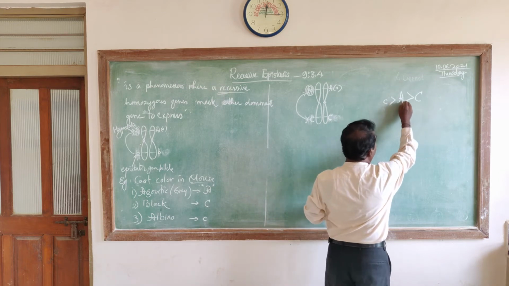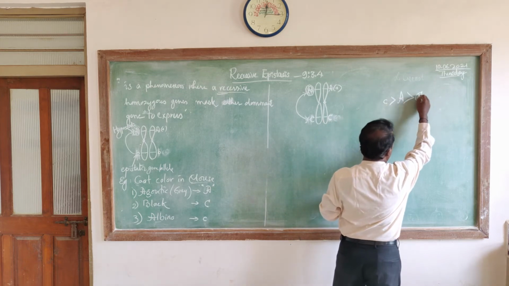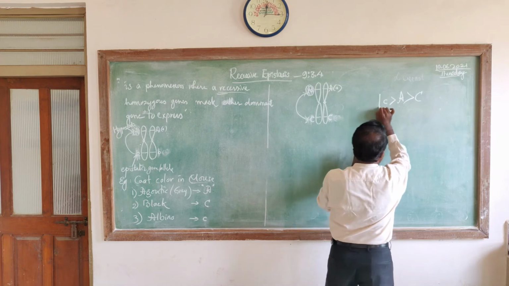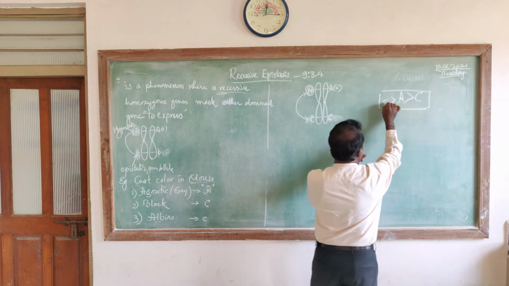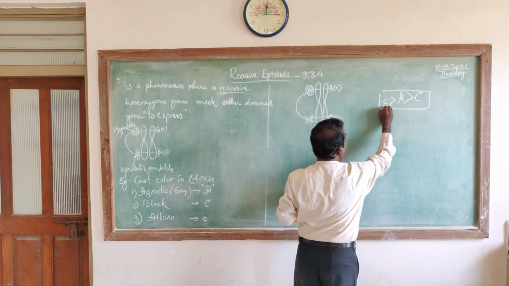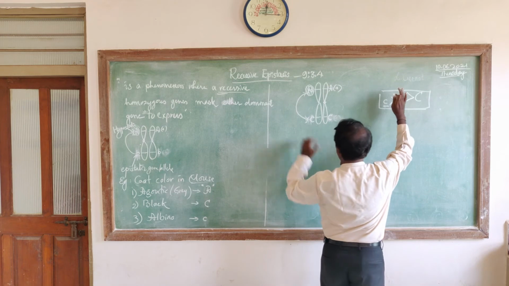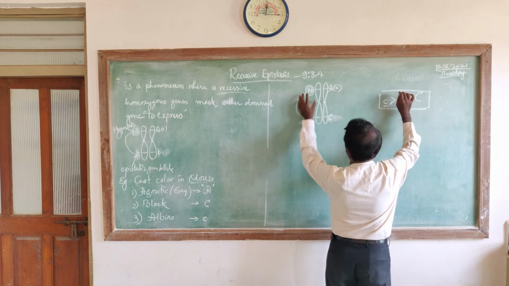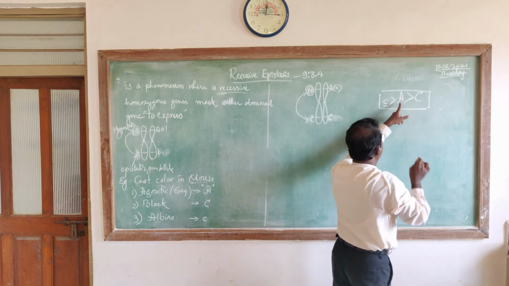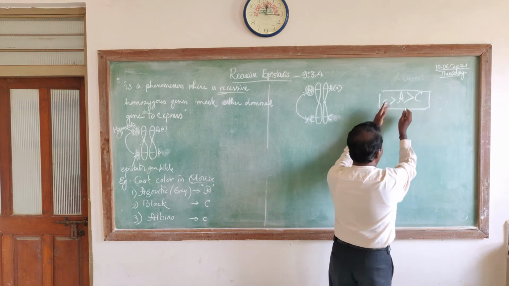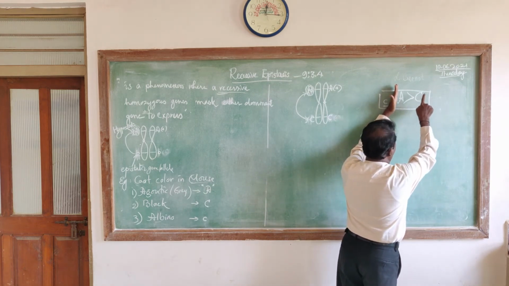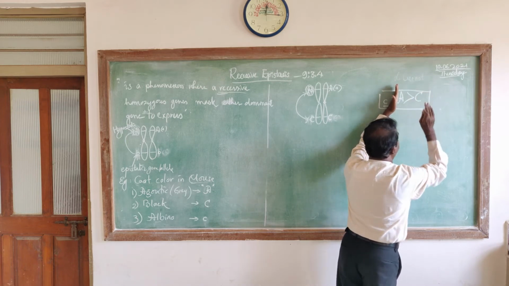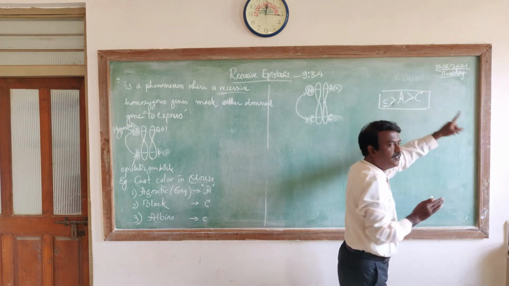Capital A agouti color gene can dominate capital C for black color. This is, try to understand what I have kept in a box. Look at it. Recessive allele small c can dominate, can mask the effect of capital A for agouti, and in turn, when we consider this capital A for agouti color can dominate the expression of capital C for black color.